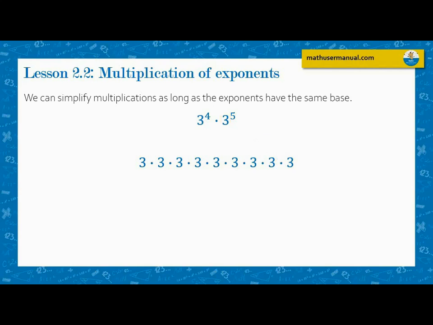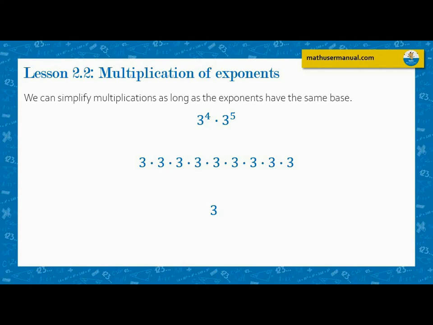But now let's convert this big multiplication of those many 3's into an exponent, because the whole purpose is we want to simplify. We actually made the 3 to the power of 4 times 3 to the power of 5 into a bigger multiplication. We want to simplify this. So let's see what happens. We know all we have are 3's multiplying each other, so that means we can turn it into just a base of 3, because as long as we have the same number multiplying, that is going to be the base of the exponent.